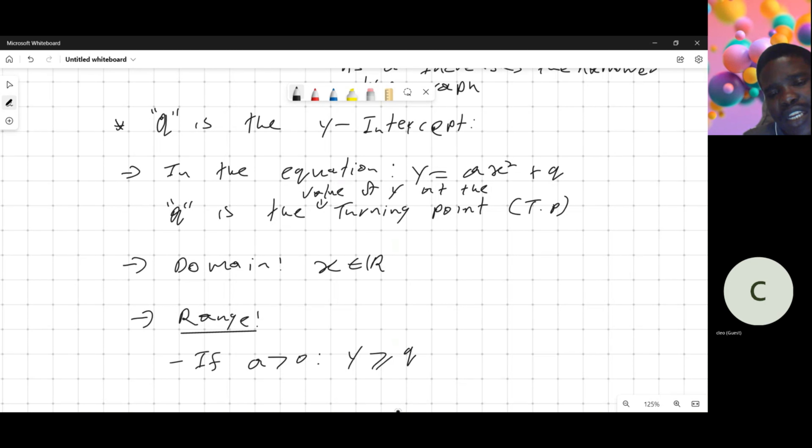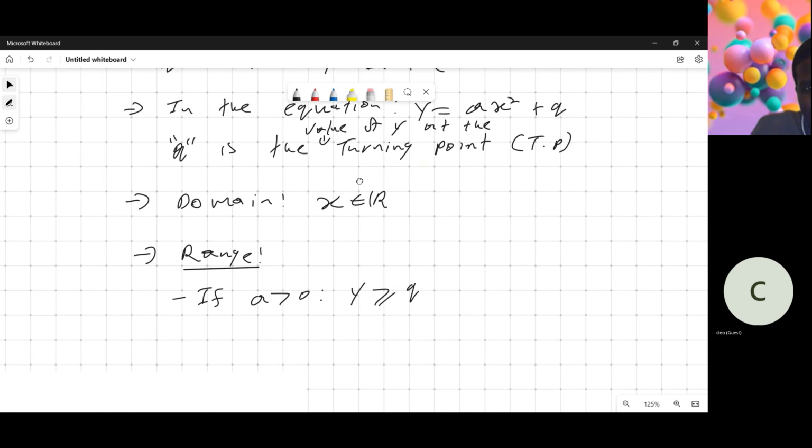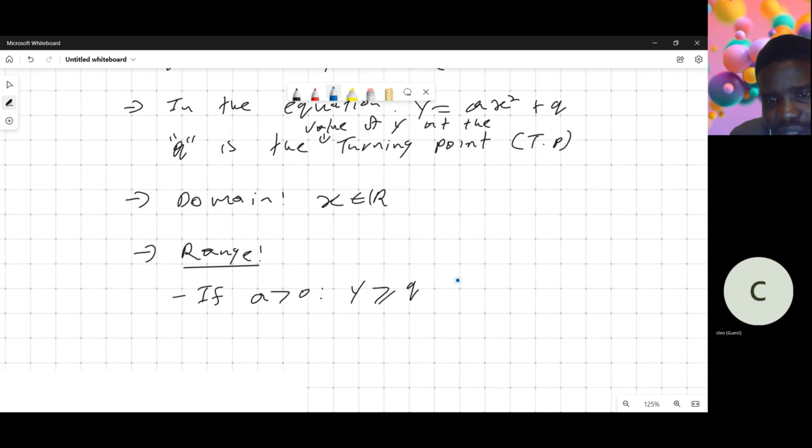Meaning, if it's a smiling face, if we can illustrate this, look at your graph. It will be like this. So this is a smiling face. And then we're going to have the value of Q here.